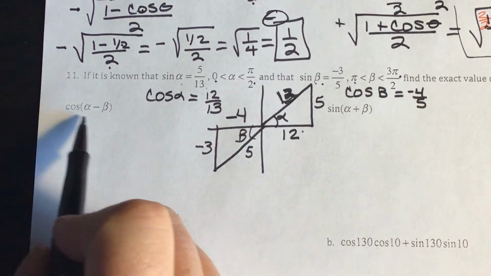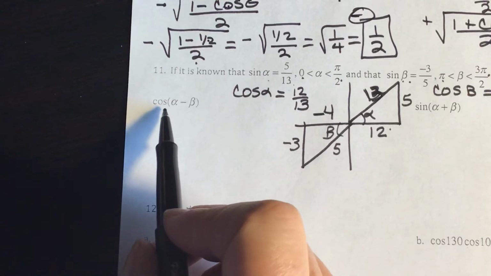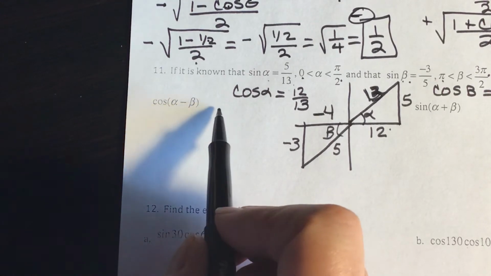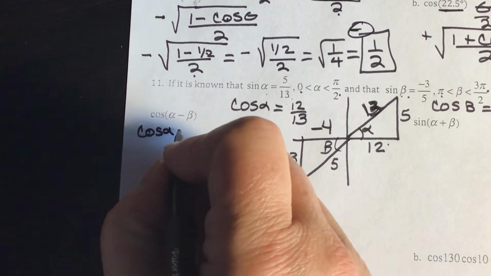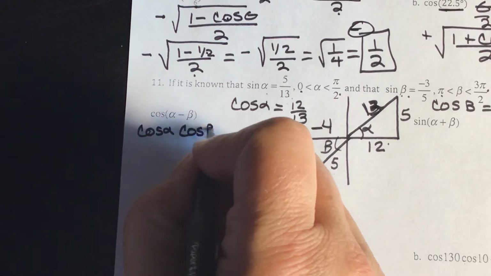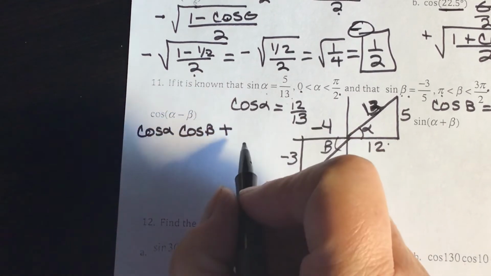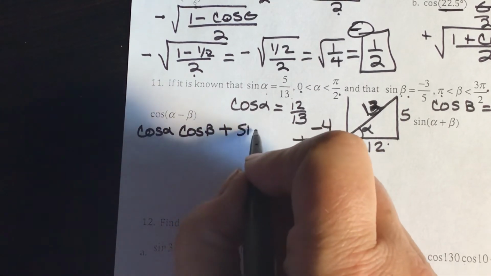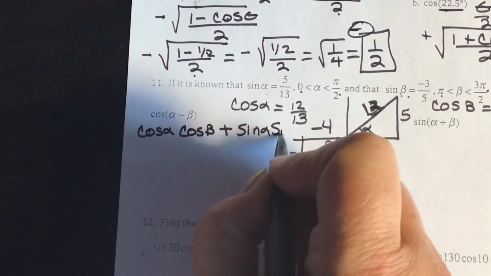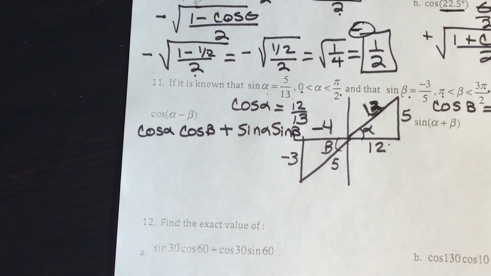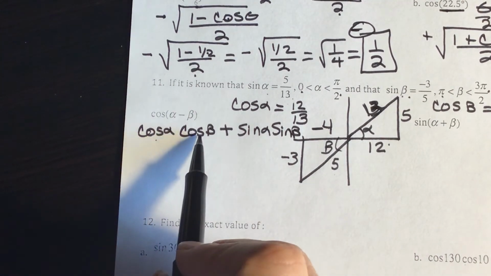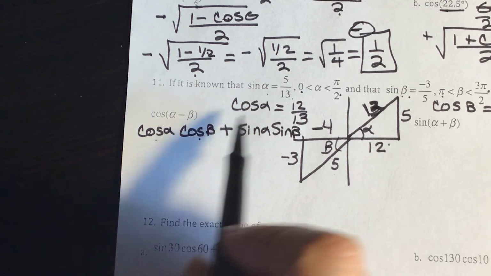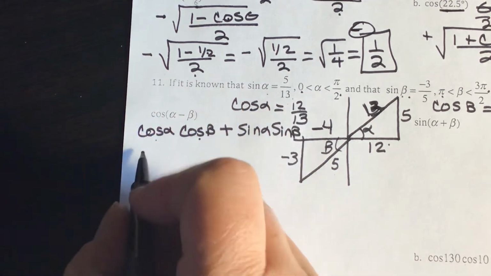All right, so if I am finding cosine of A minus B, I'm going to have cosine A, cosine B, change the sign to a plus, then I have sine A, sine B. Now if I put those values here, cosine A times cosine B. Cosine A is 12 over 13.